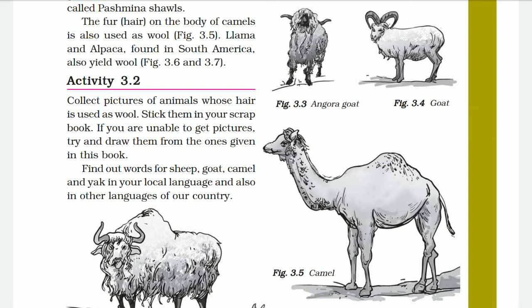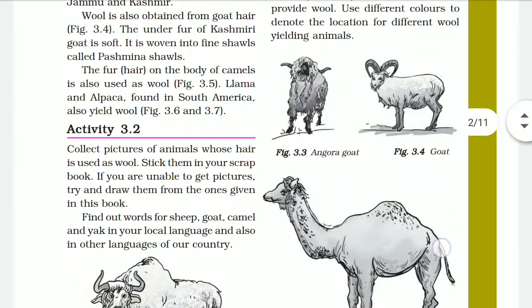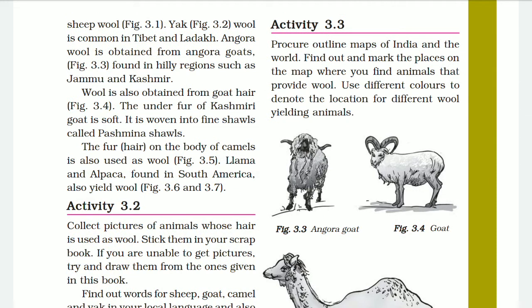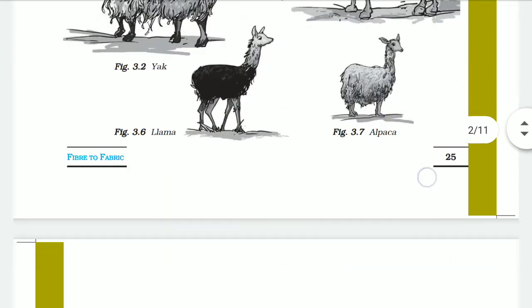Stick them into a scrapbook and write about them. Find out more about these animals and the language of that particular country. In activity 3.3 they ask you to procure an outline of the Indian map and mark where the animals providing wool are found.